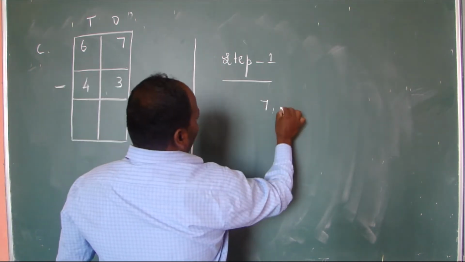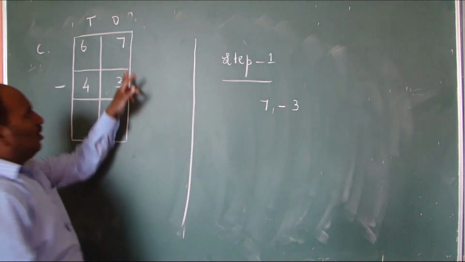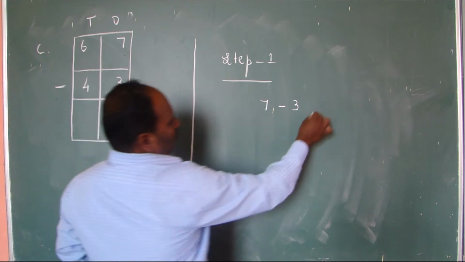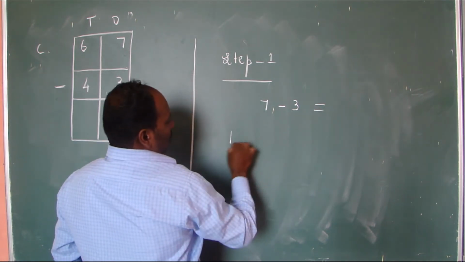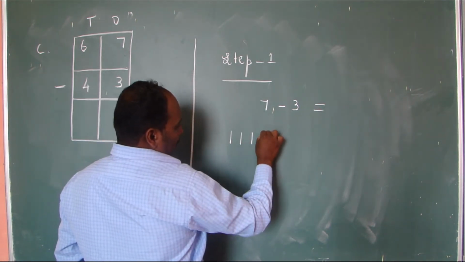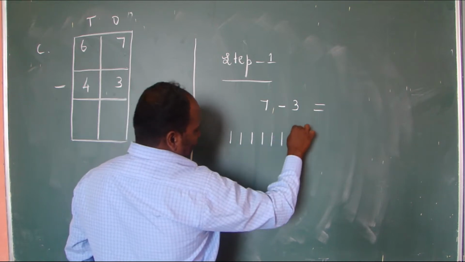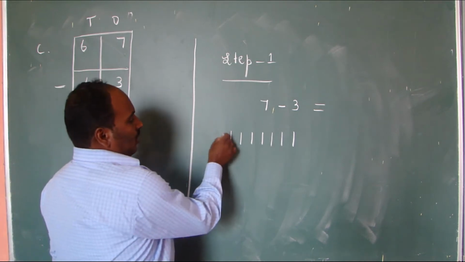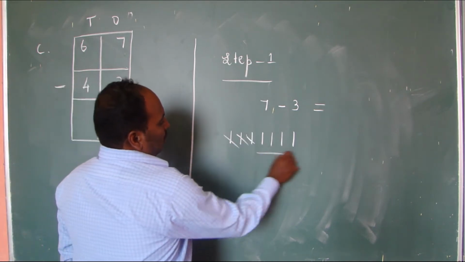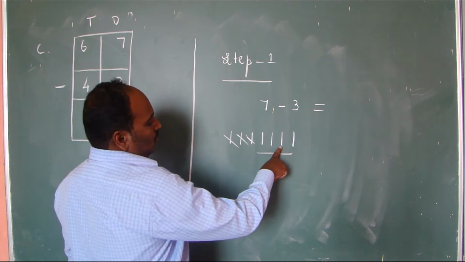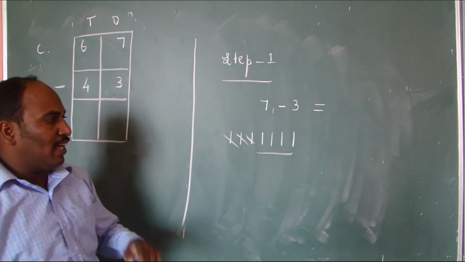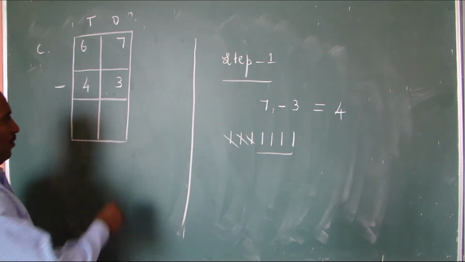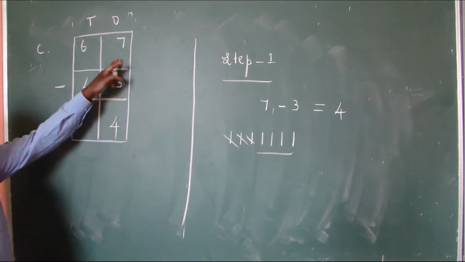We solve the ones place. Here ones place is 7 minus 3. 1, 2, 3, 4, 5, 6, 7. 7 lines, minus 3. We cancel 3 lines. Balance 1, 2, 3, 4. Remain 4 lines. So 7 minus 3 is equal to 4.